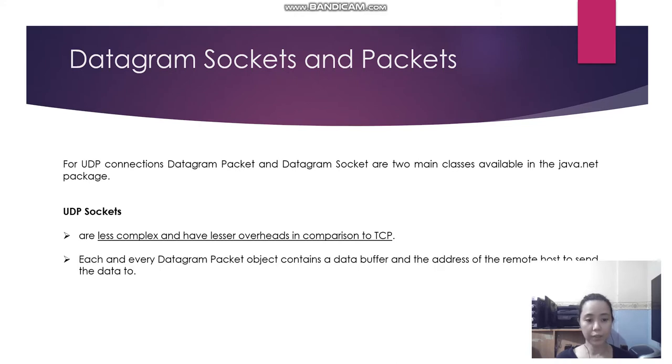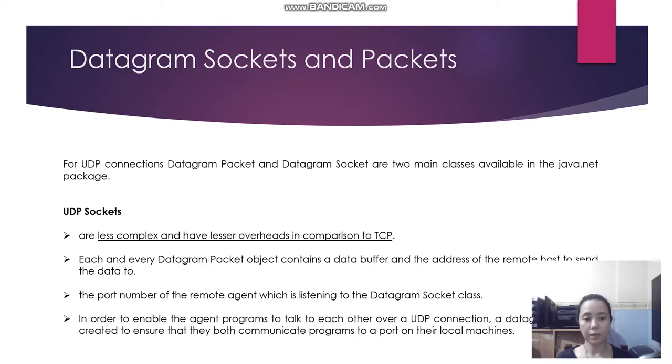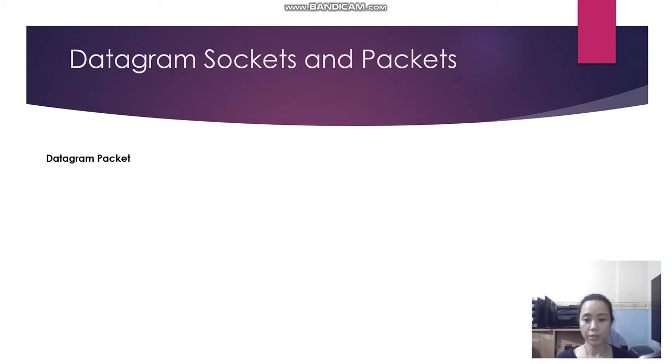Each and every datagram packet object contains a data buffer, the address of the remote host to send the data to, and the port number of the remote agent, which is listening on the datagram socket. In order to enable the programs to talk to each other over a UDP connection, a datagram socket is created to ensure that both programs communicate through a port on their local machines.